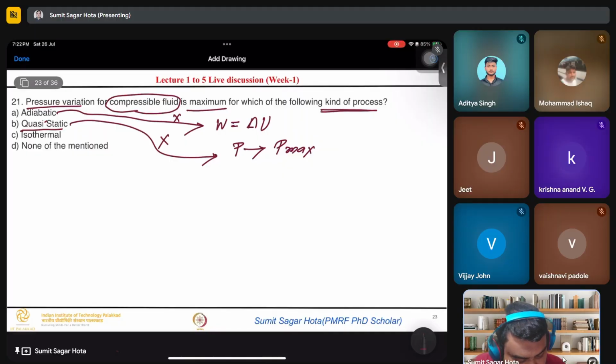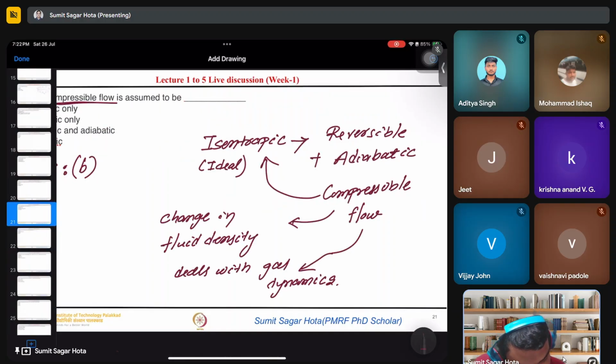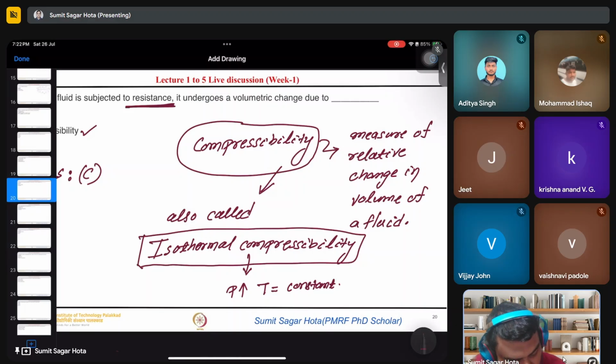We saw this previously. One term I just showed you, the isothermal compressibility, measures the relative change in volume of the fluid. In that case we saw that pressure will increase with temperature remaining constant.